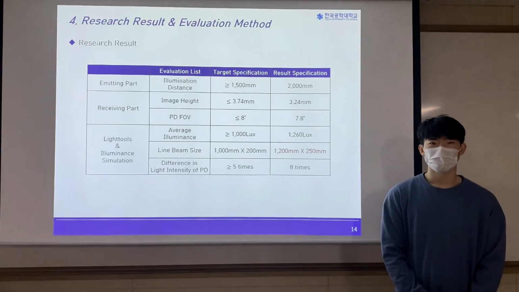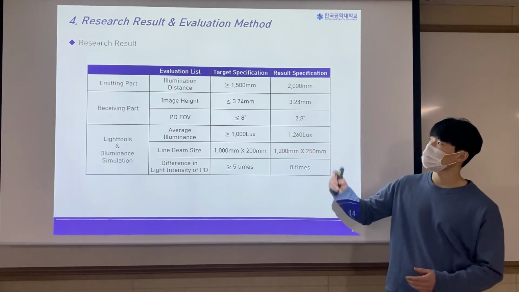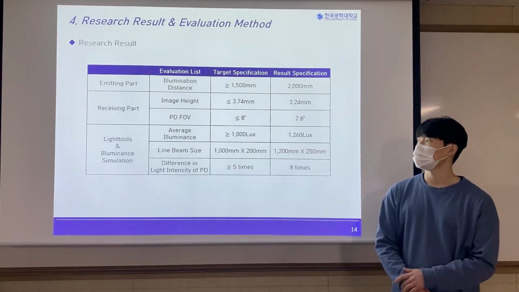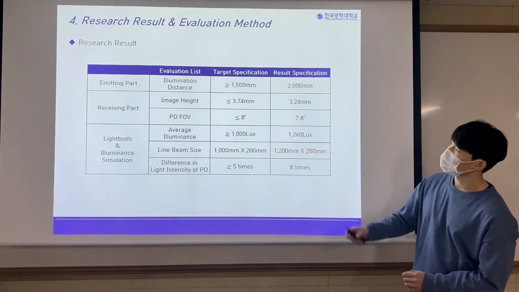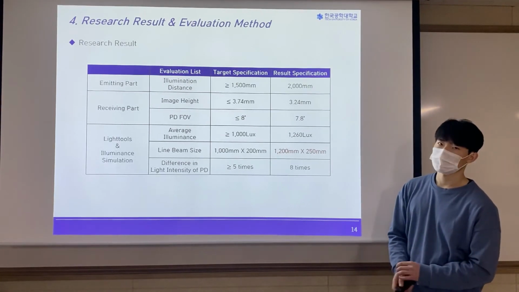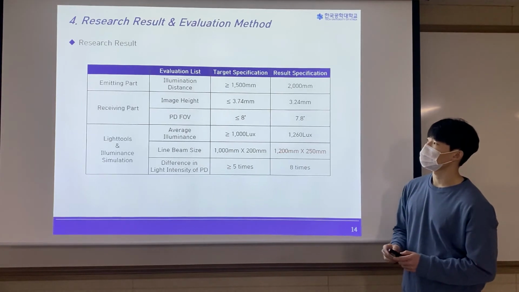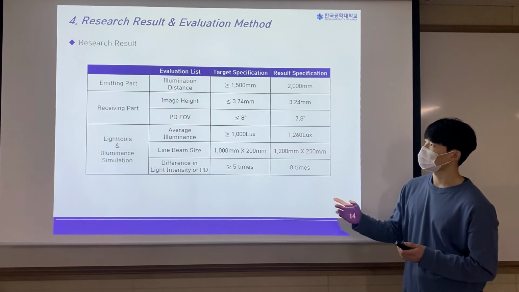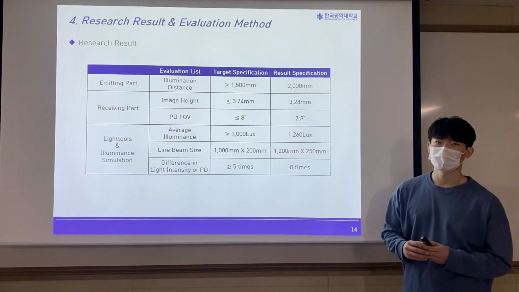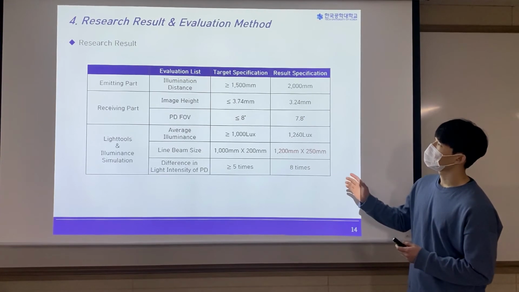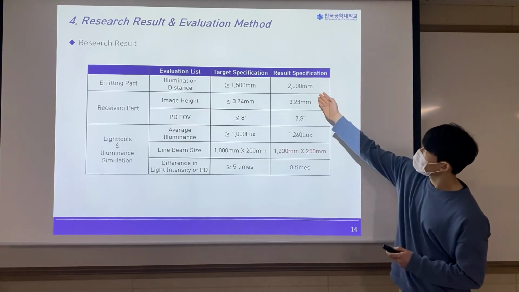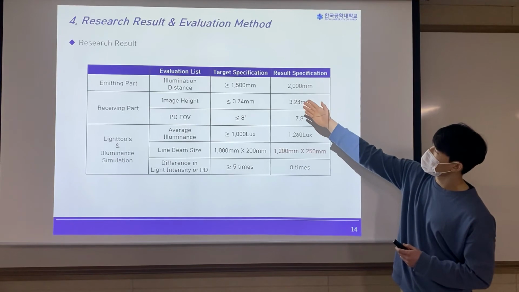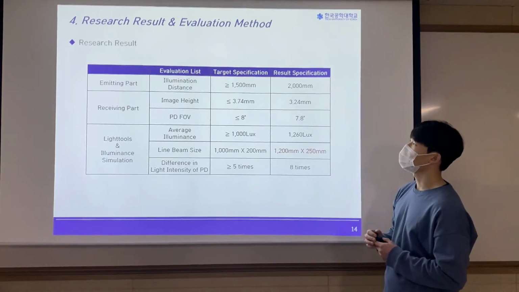Hello, I will compare the target and result specifications from now on. This table shows the evaluation list, target specifications and result specifications of the light emitting and light receiving part and LightTools illuminance simulation. The irradiation distance of the light emitting part is 2000 mm, higher than 1500 mm.